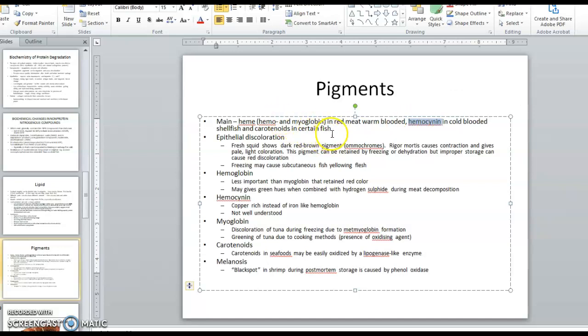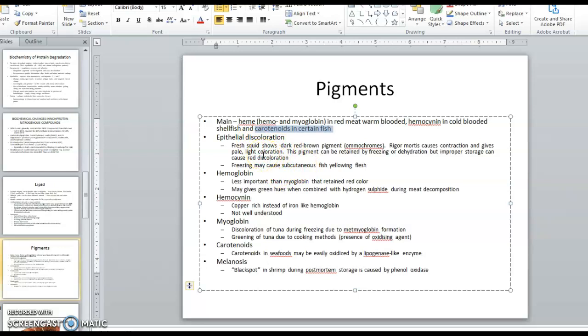And also in certain fish, for example salmon, they can contain carotenoids that give certain colors, for example pink color. Degradation of the pigments can lead to discoloration. For example, fresh squid shows dark red brown pigment or chromatophores, because rigor mortis causes contraction and gives pale and light discoloration.